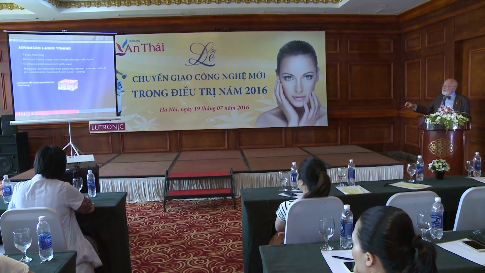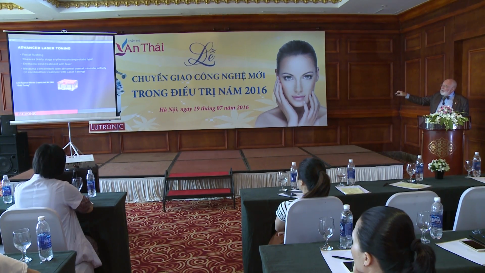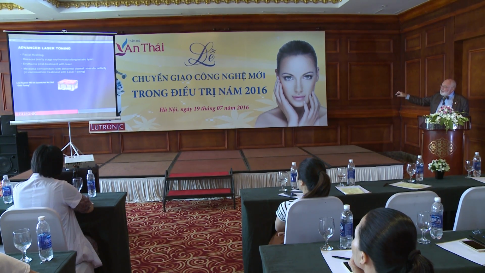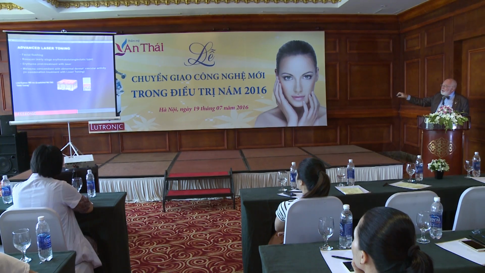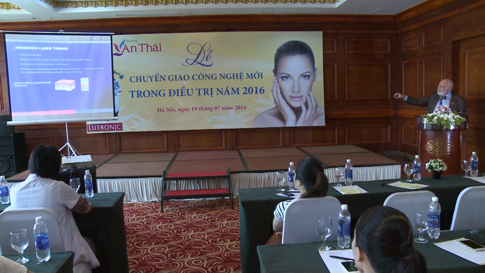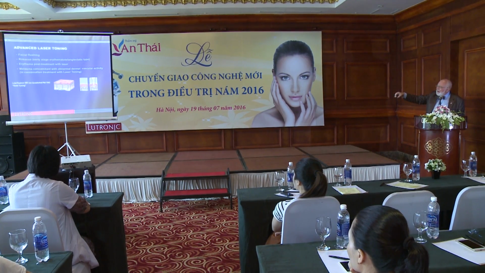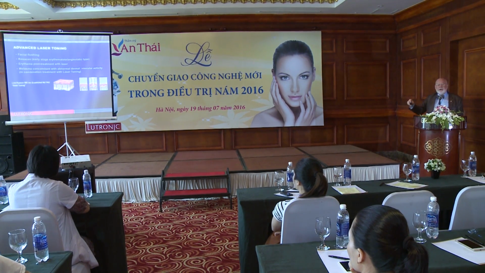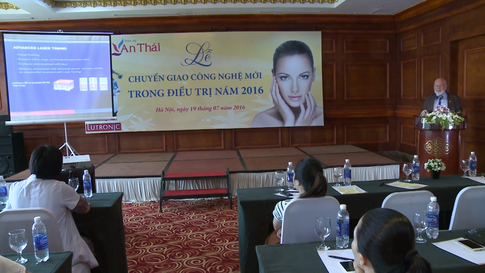So we can take laser toning one stage forward and combine 1064 with 585 yellow. Here you can see melasma lesions. We treat first of all with the 585 laser toning, yellow toning, and we clear some of the superficial pigment, leaving the deeper pigment for later.